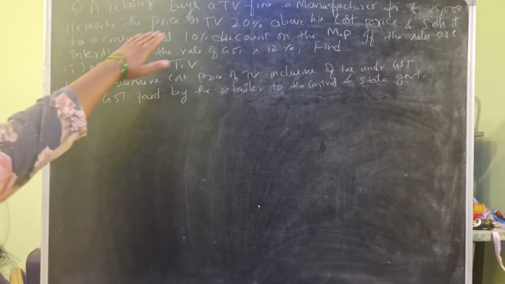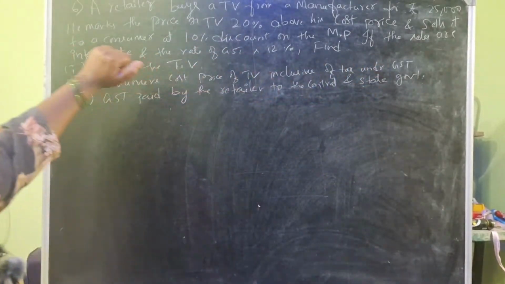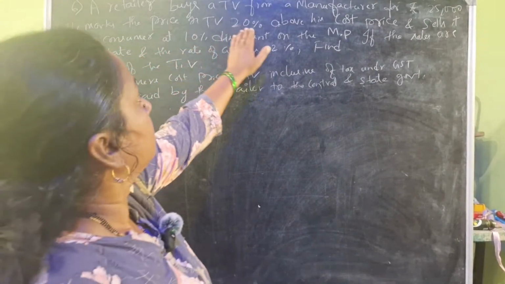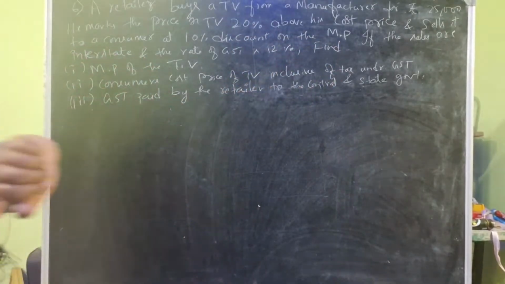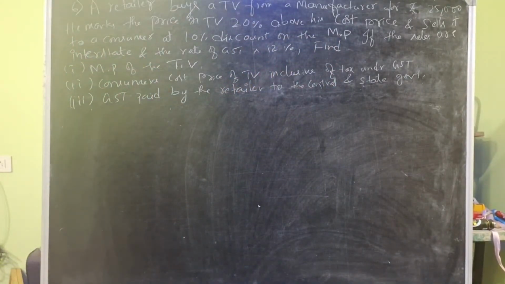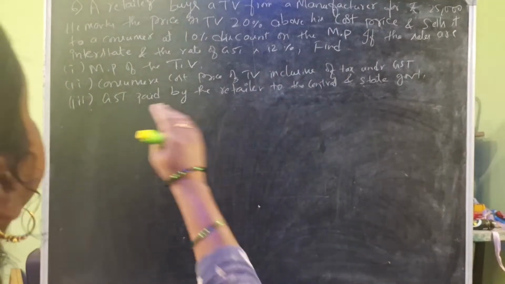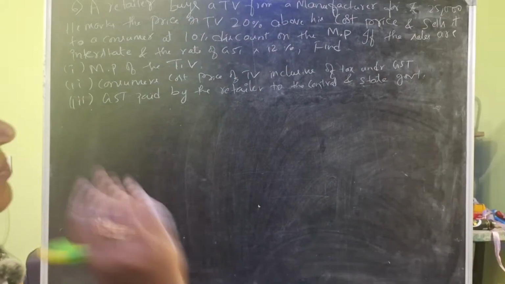A retailer buys a TV from a manufacturer for rupees 25,000. He marks the price on the TV 20% above the cost price. Here the cost price is 25,000. He sells it to a consumer with 10% discount on the market price.